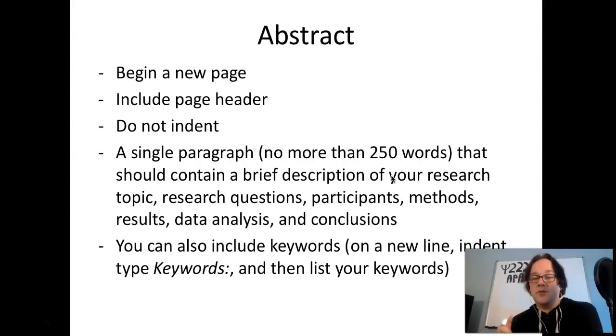And the abstract will be just a single paragraph, and it'll be no more than 250 words, and it should contain a brief description of your research topic, your research questions, the participants you used, the methods that you used, your main research findings, how you analyzed your data, and conclusions. And you're like, holy crap, how do I summarize?